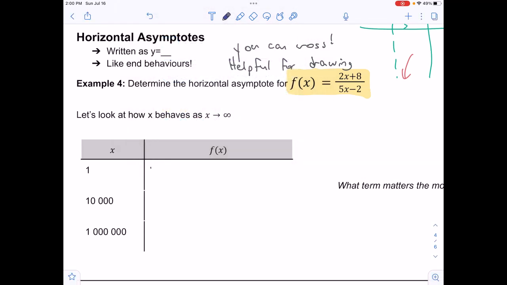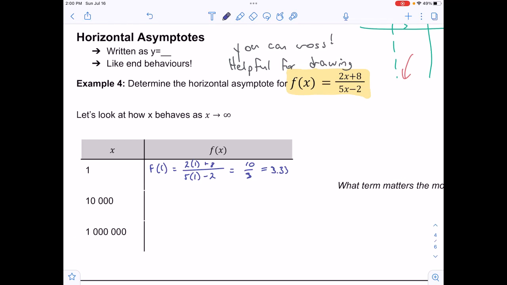For x equal to 1, I have (2 times 1 plus 8), all divided by (5 times 1 minus 2), which is 10 over 3, or about 3.33.